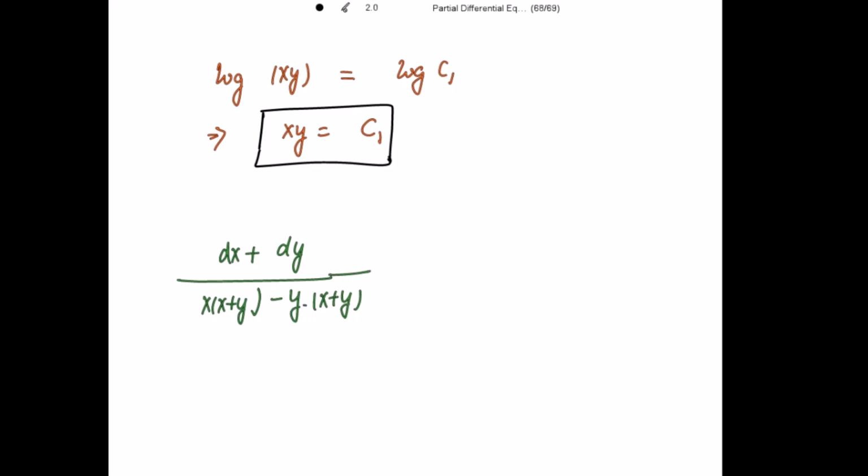Why I have done this? So that I can get x + y common from these two terms, right?